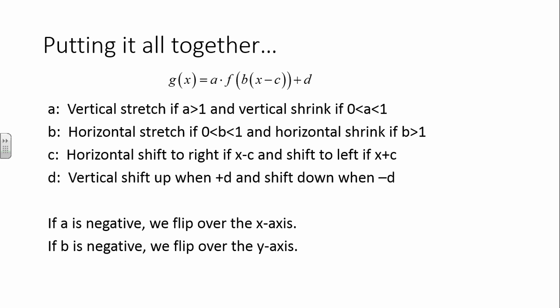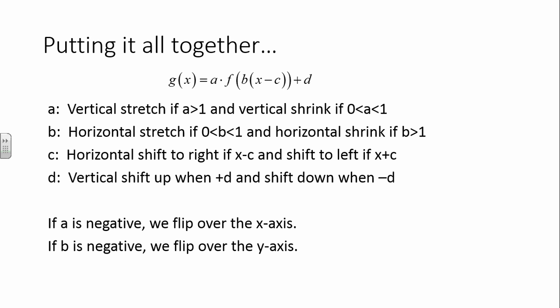So in this long equation, g of x equals, again, the a out in front, if you're multiplying by a number out in front, that is our vertical stretch or shrink, depending on whether a is a number bigger than 1 or not. And then the b value is our horizontal stretch or shrink. Again, it's going to stretch it when b is a number smaller than 1, and it will shrink it when it's a number bigger than 1.